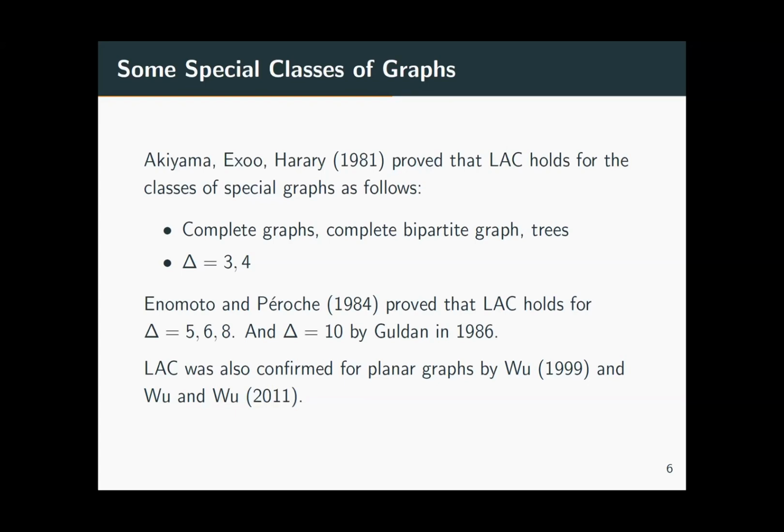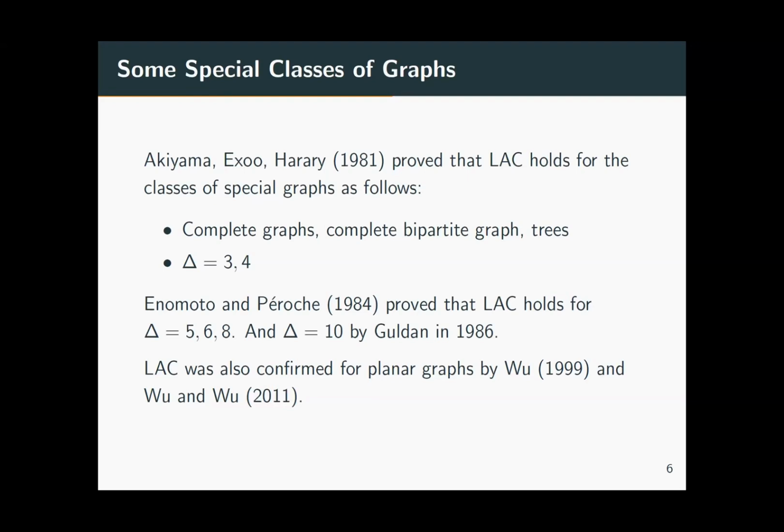So we can see for small deltas, there are still some gaps. For example, delta equal to 7, delta equal to 9, and we don't even know for delta greater than 10.